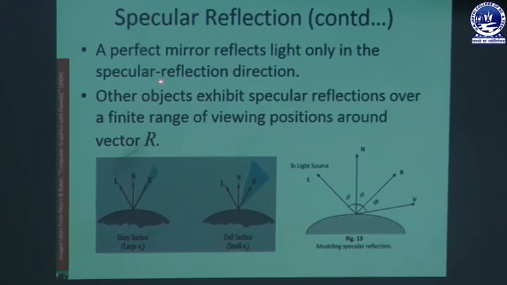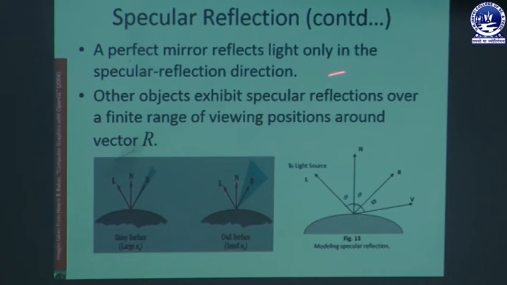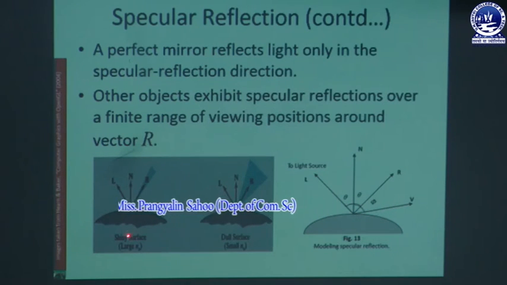In specular reflection illumination models, a perfect mirror reflects light only in the specular reflection direction, and other objects exhibit specular reflection over a finite range of viewing positions around vector R. That means there is one type of shining surface and one type of dull surface, and the specular reflection concept is used if the given surface is very shining in nature. When an object is placed over a shining surface and light is reflected from it, the objects are viewed directly, and by using the object's reflected light we can easily view another type of object, counting all the pixel points in a finite range.